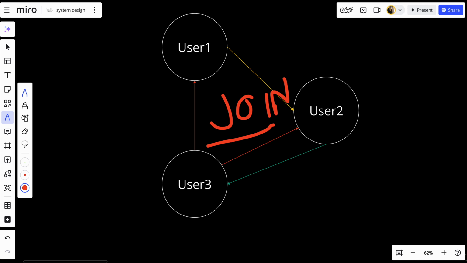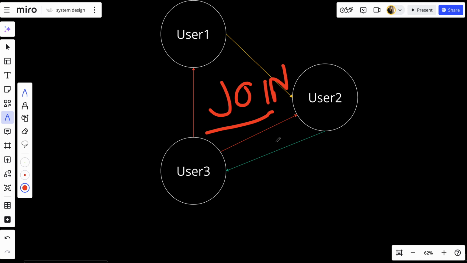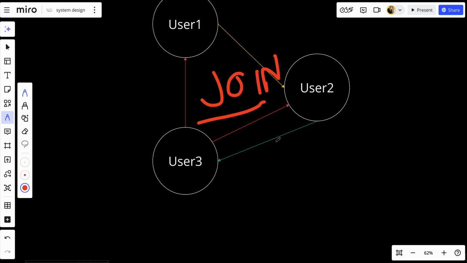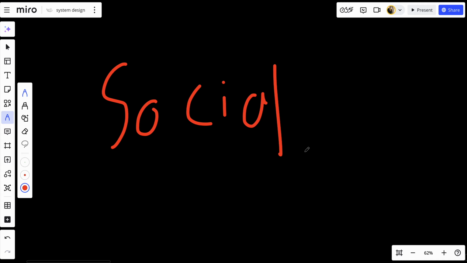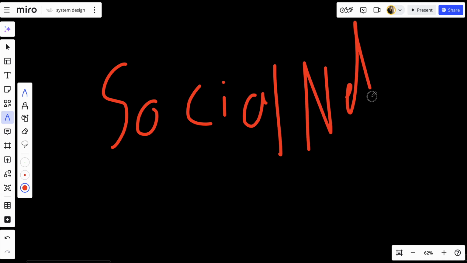So let's talk about the common example use cases for graph databases that you will likely use in your system design interview. The first one is social media networks.